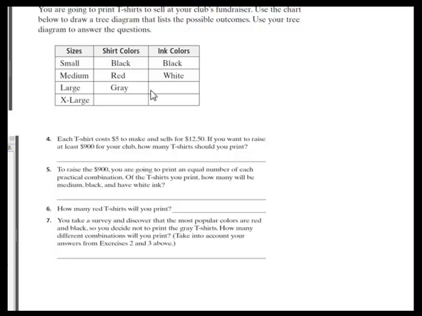So for number 6, we're trying to figure out how many red t-shirts we will print. So again, we had 20 combinations, and we know that we have a total of 8 shirts that are red. We had the 4 sizes that are red with black ink, and we had the 4 sizes that are red with white ink. So that's 8 out of the 20.